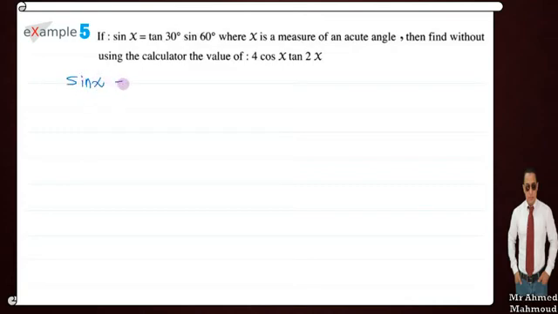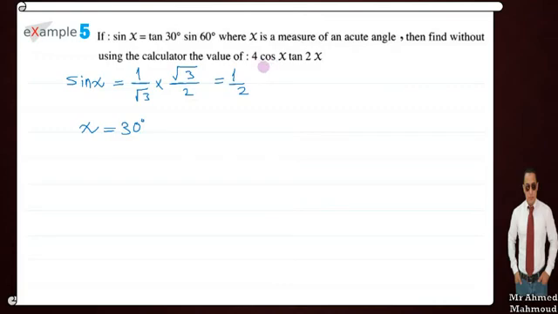Sine x equals tan 30, which is 1 over root 3, times root 3 over 2, that equals half. Sine x equal half. You have two ways. Sine what equals half? Sine 30. Or you use arc sine, shift sine half, it gives you 30. Then x equals 30 degrees.